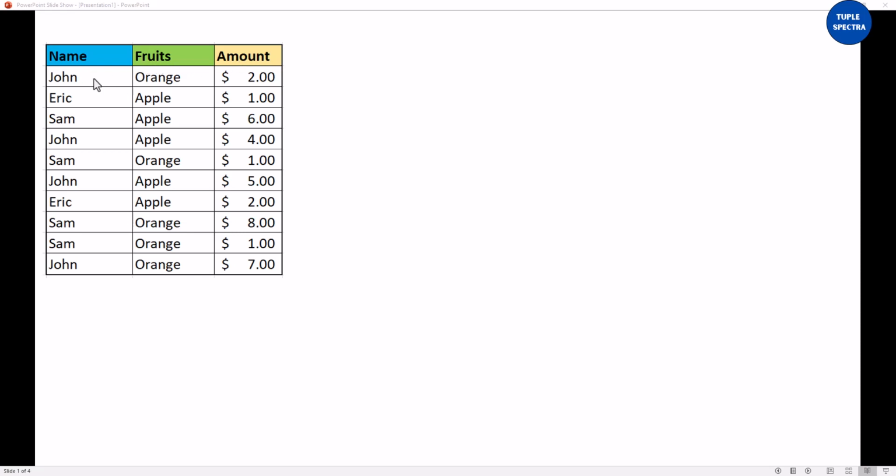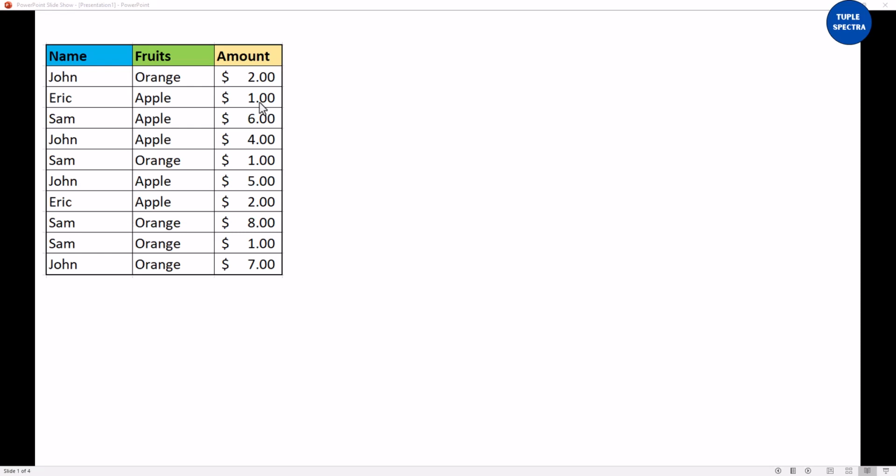This is showing the names of those who purchased some fruits from a grocery store and the amount of those fruits. You have John, Eric, and Sam, the three guys here, the fruit they bought, and the amount.